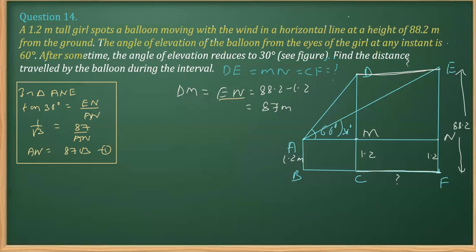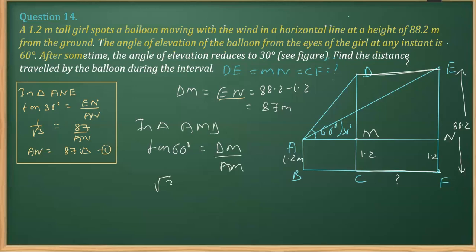Now considering the other triangle, this time I'm considering this triangle, that is AMD. So we'll be applying tan 60 in this triangle. It is necessary to mention that in triangle AMD, we can use tan 60, which is perpendicular as DM in this case, and the base as AM.